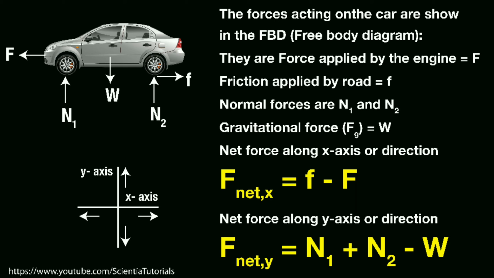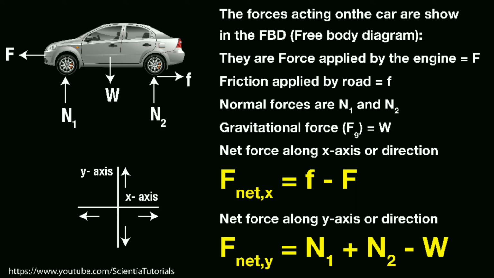N1 and N2 are the normal forces here, and W expresses the gravitational force. The forces acting upward we consider as positive, and the force acting downwards we take as negative. So N1 plus N2 are taken as positive, minus W. These give the net force.